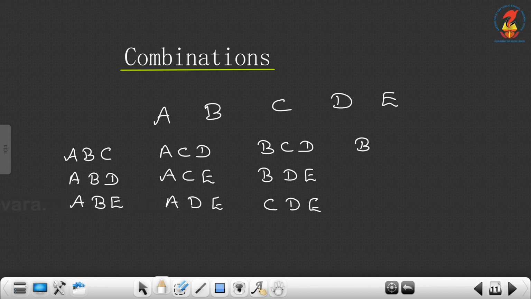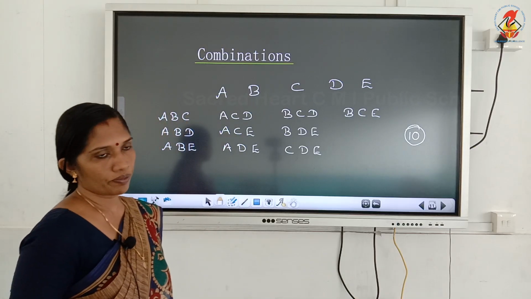So ABC, ABD, ABE, ACD, ACE, ADE, BCD, BCE, BDE, CDE. So a total of 10 selections are possible.